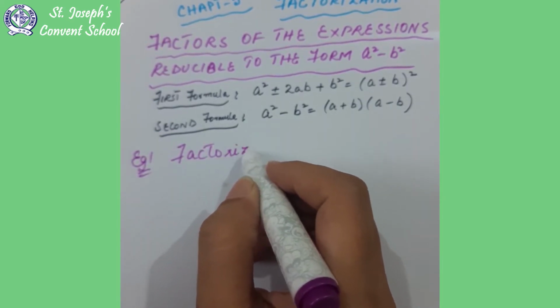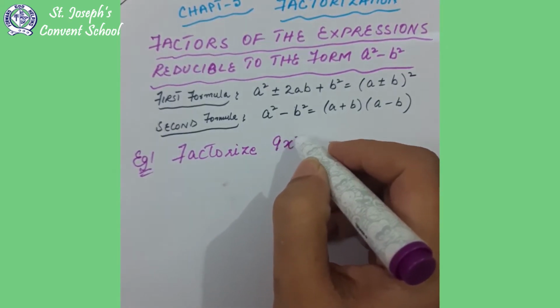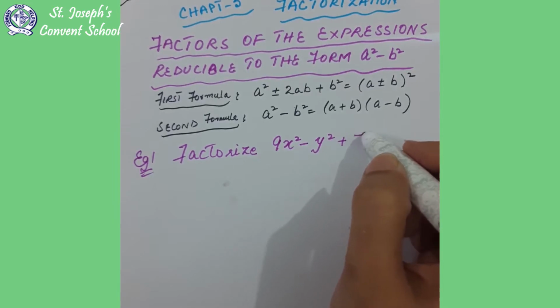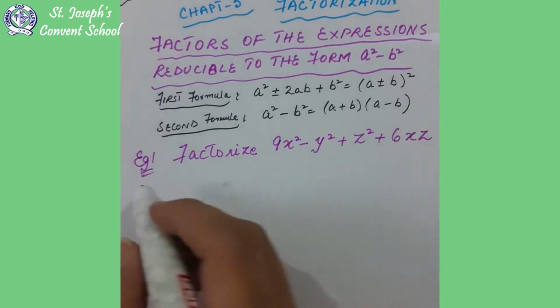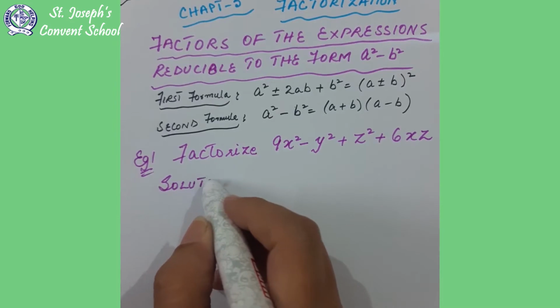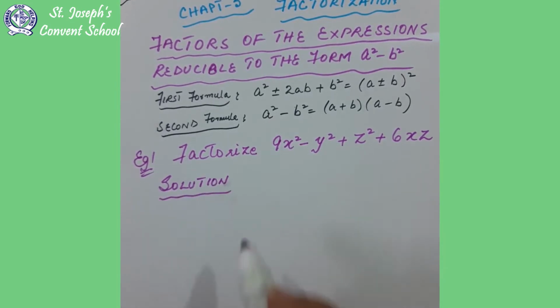Now what you have to factorize: the expression given is 9x square minus y square plus z square plus 6xz. So the question is given. First step is to arrange the expression according to the first formula.